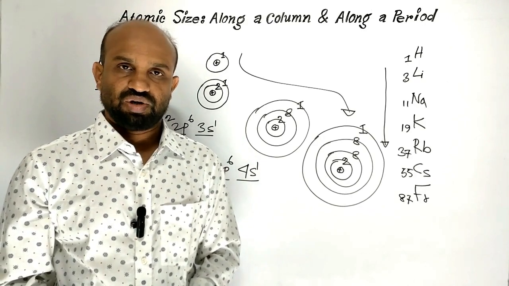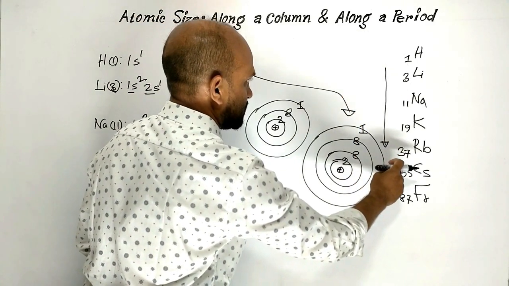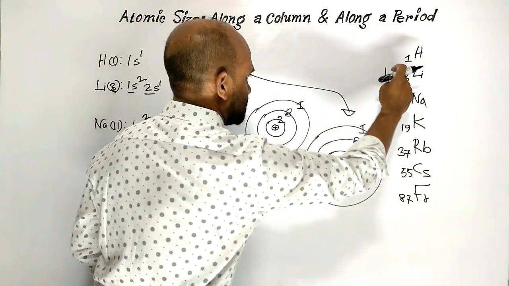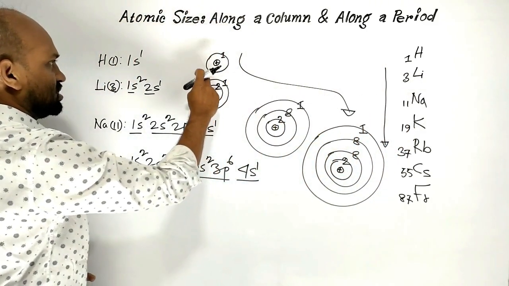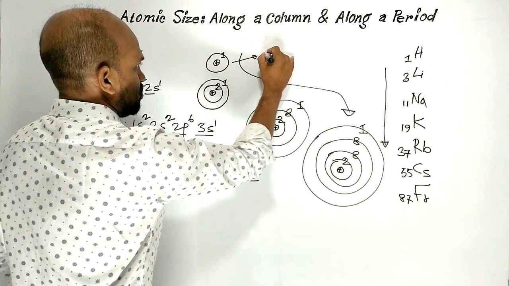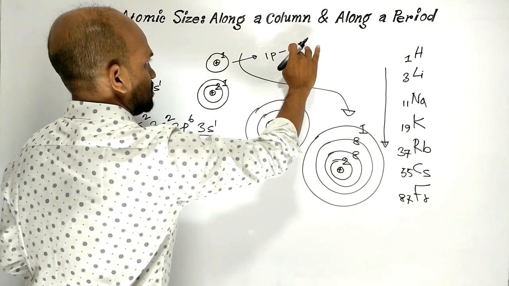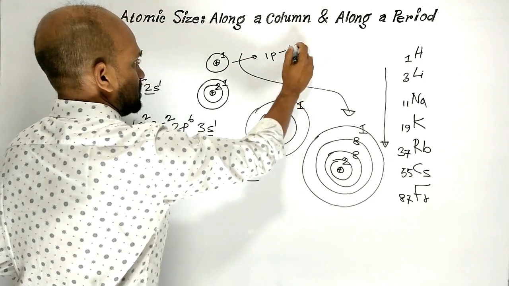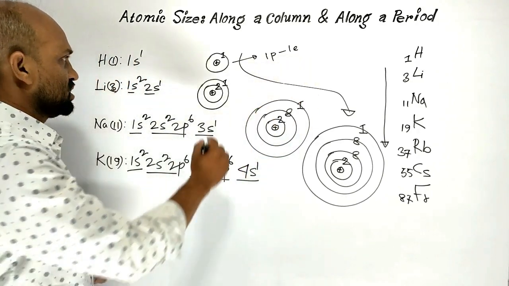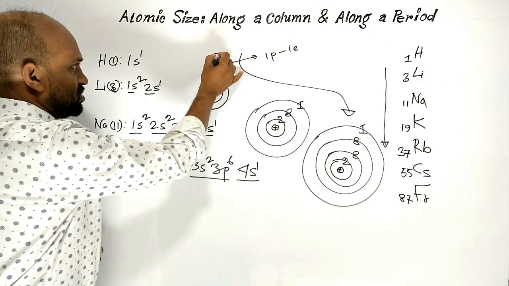Let's clarify one point: from top to bottom along a column, atomic numbers increase. That is 1, 3, 11, like this. In case of hydrogen, 1 proton and 1 electron. The attraction between 1 proton and 1 electron, that is, attraction between nucleus and outermost shell electron.